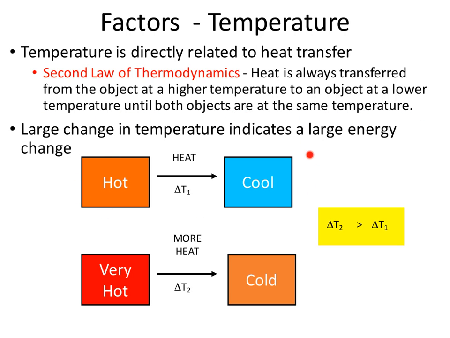So when we look at these two situations here, we have an object that is hot and it's transferring thermal energy, in the form of heat, to something that is cool. In the second situation, we have something that is very hot, transferring thermal energy to something that is very cold. The difference in temperature in the first case is a lot less than it is over here.